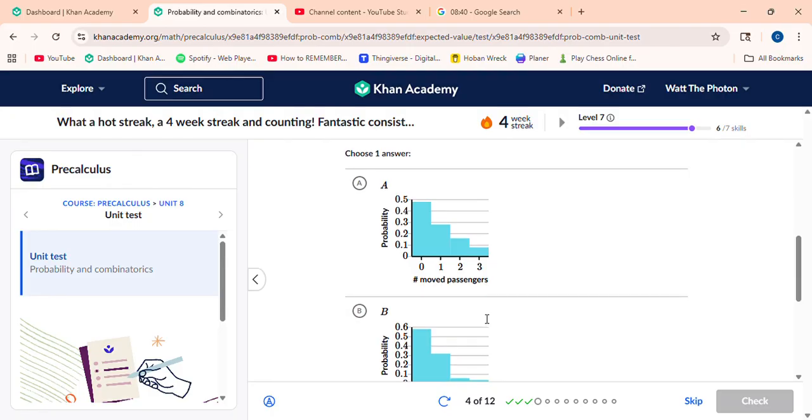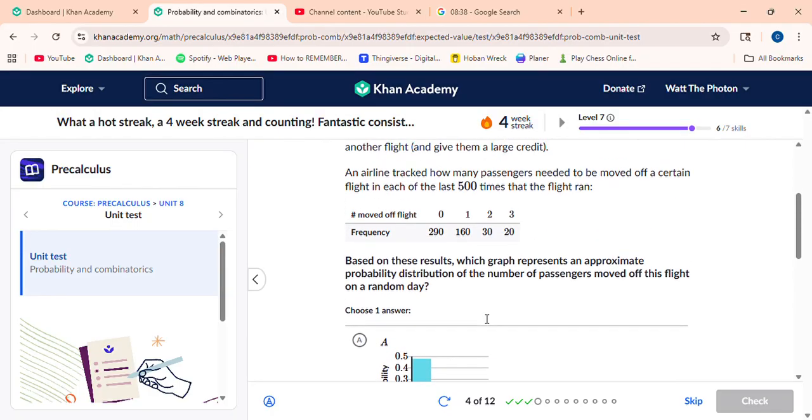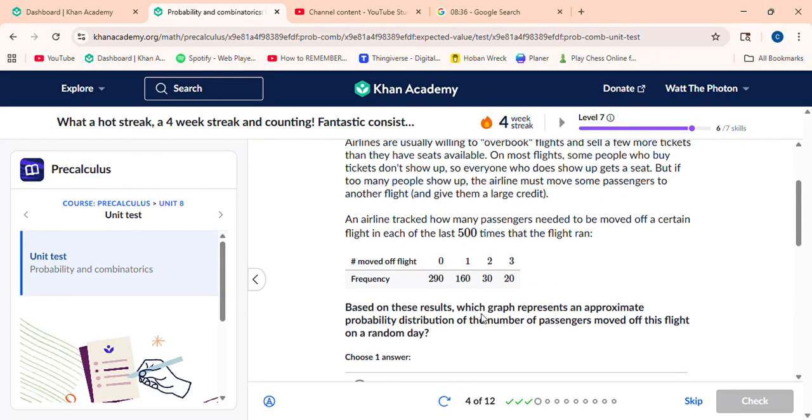They just want a number? No. Probability, so we have 290 over 500, 160 over 500, 30 over 500, 20 over 500.